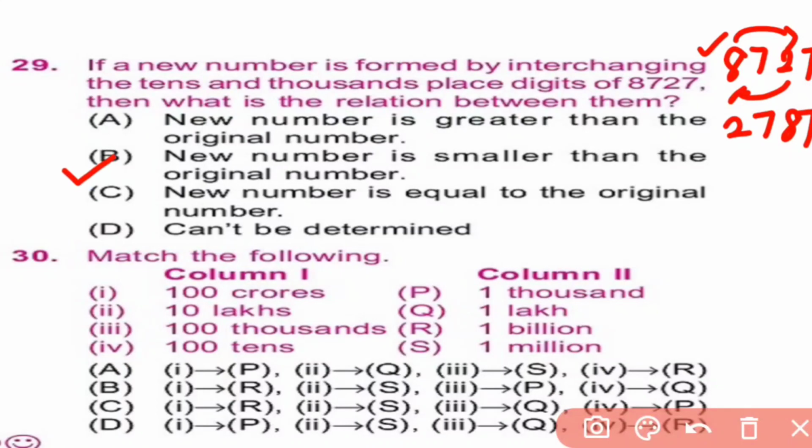So option B is correct. Question number 30. Match the following. 100 crores is equal to 1 billion. 10 lakhs is equal to 1 million. 100,000 is equal to 1 lakh. And 100 tens is equal to 1000. So C is the right answer.